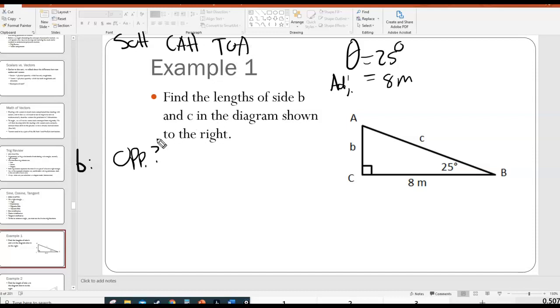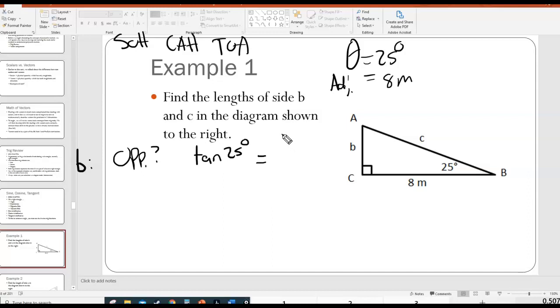Which trig function has the opposite and adjacent sides in it? Well, that would be tangent. So I would write down tangent of 25 degrees. You always have to have an angle inside of a trig function. That's just how that works. Tangent of 25 degrees is equal to, remember, TOA, the ratio of the opposite to adjacent side.